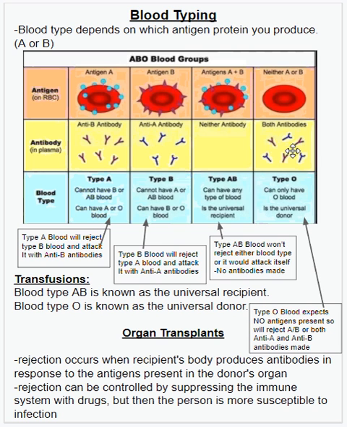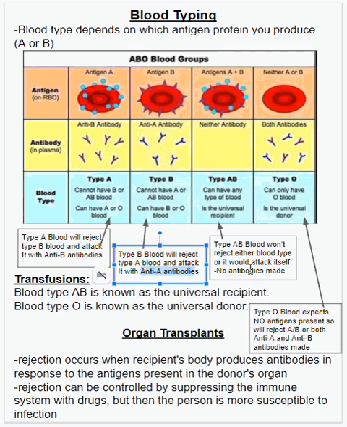What does this tell us about transfusions and sharing of blood? All right, type A. A person who's type A will reject type B blood and attack it because it produces anti-B antibodies. A person who is type B cannot have type A blood, and it cannot have type AB blood because there is an existing foreign protein in both of those, and it will attack because it produces anti-A antibodies.